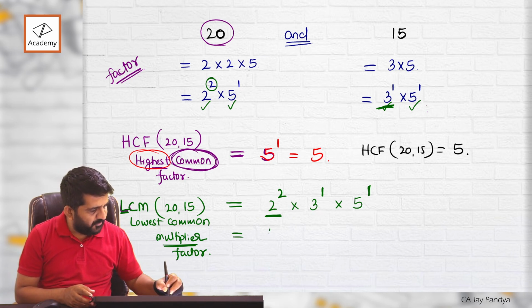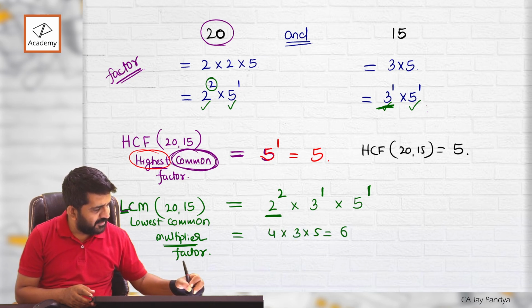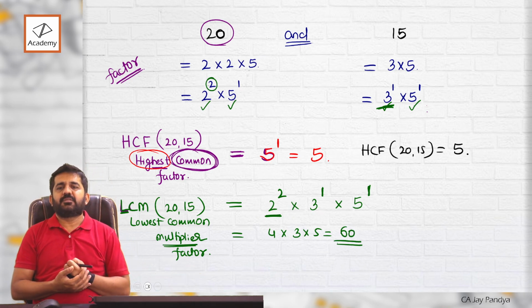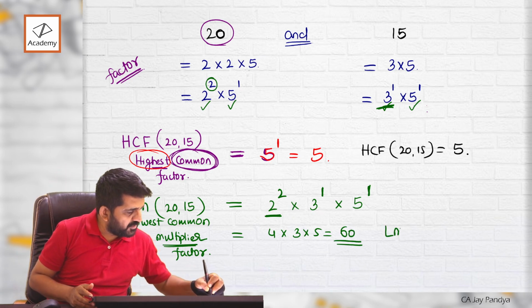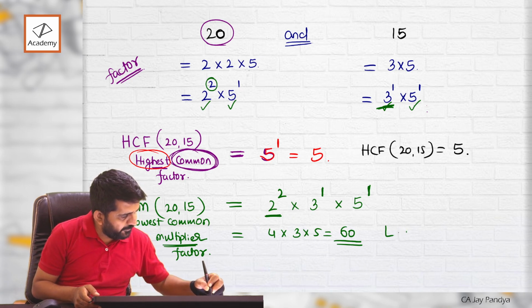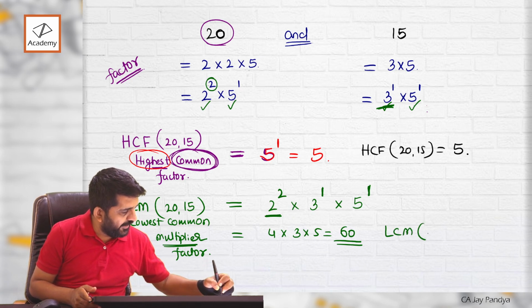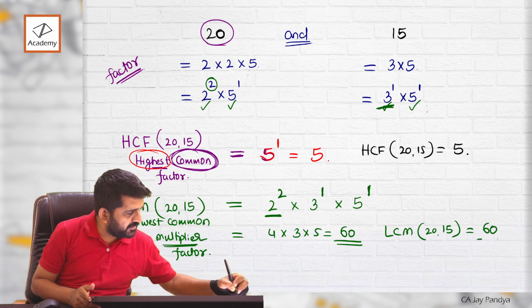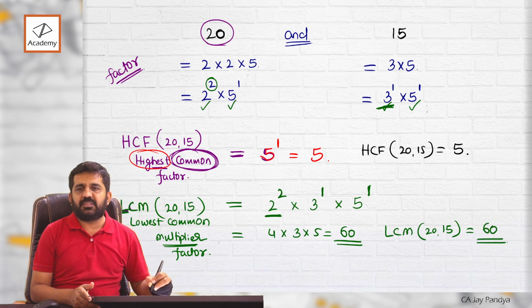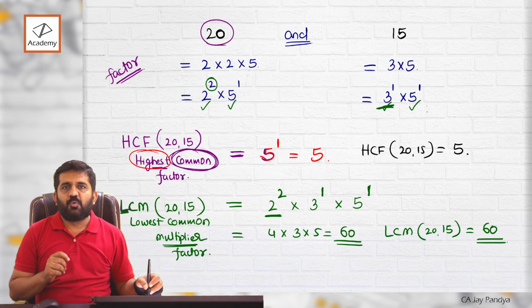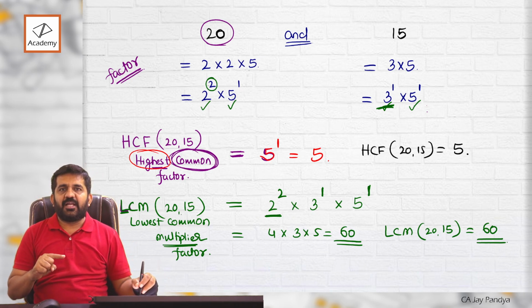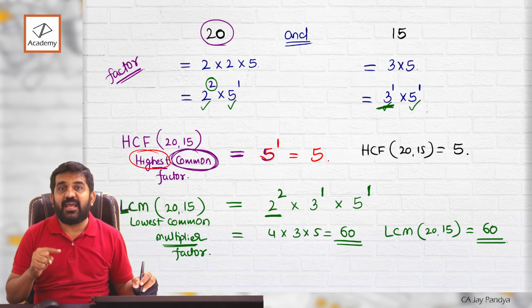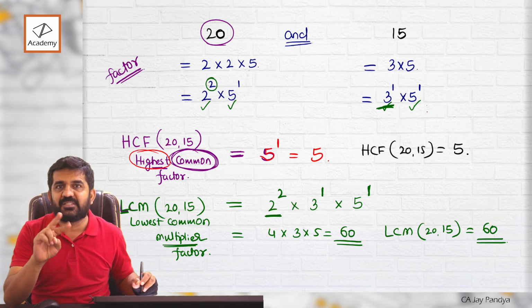So 2 2s are 4, 3s are 12, 5s are 60. So if someone asks me what is LCM between 20 and 15, it is 60. Right. So what we are learning? How to find out HCF and LCM between two numbers.